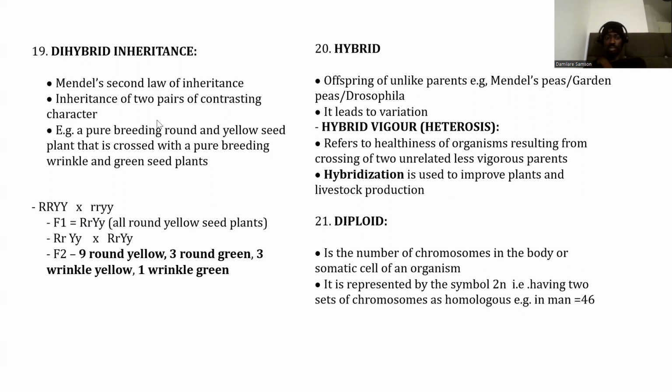But generally, just have it at the back of your mind that at the end of the F2 generation in dihybrid inheritance, the phenotype you'll be seeing is 9:3:3:1. 9 round yellow, 3 round green, 3 wrinkle yellow, and 1 wrinkle green. That's going to be the result of the dihybrid inheritance.